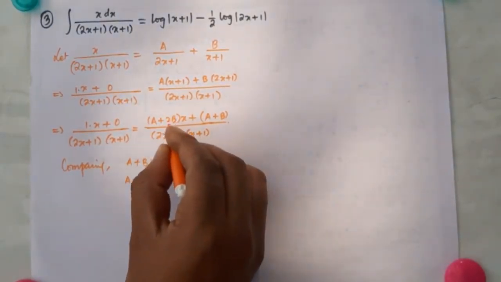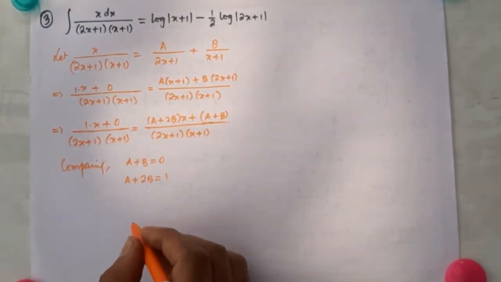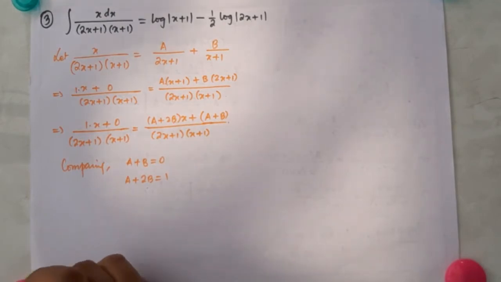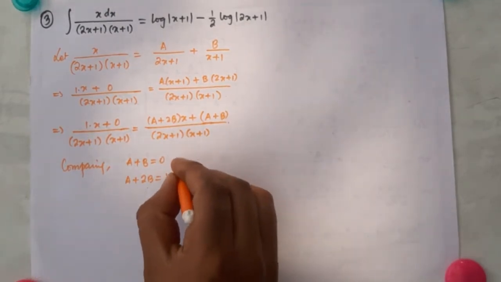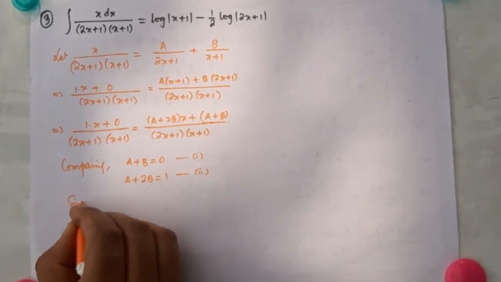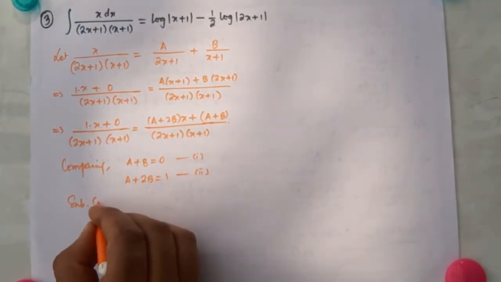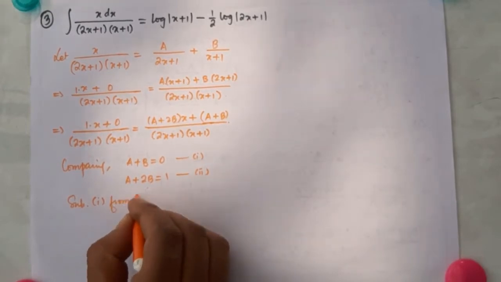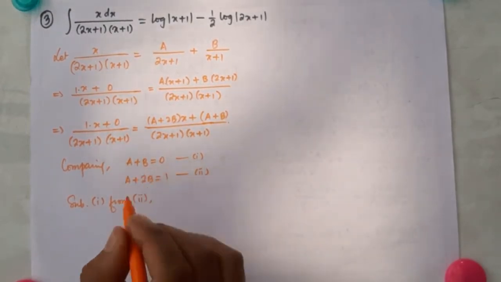The coefficient of x is this much and this is equal to 1. Now one thing that you can do here is call this 1 and call this 2. So you subtract 1 from 2. It's your choice how you want to find the value of a and b.